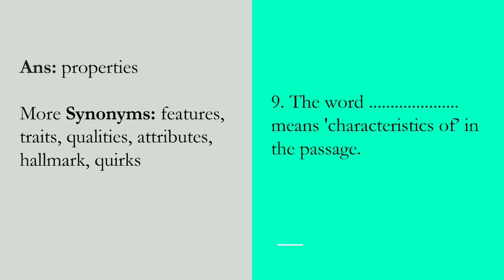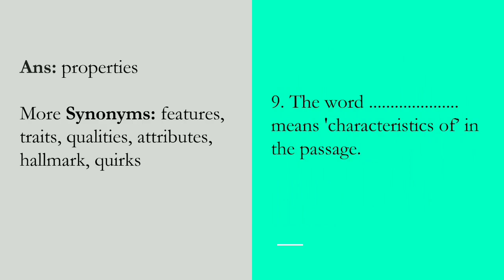Now coming to question number 9, the word dash means characteristics of, in the passage. Here after that classical geometry, those books, you have one sentence after, you can see, after the Sensations of Tone by German scientists on the properties of sound waves. So characteristics of means properties of.